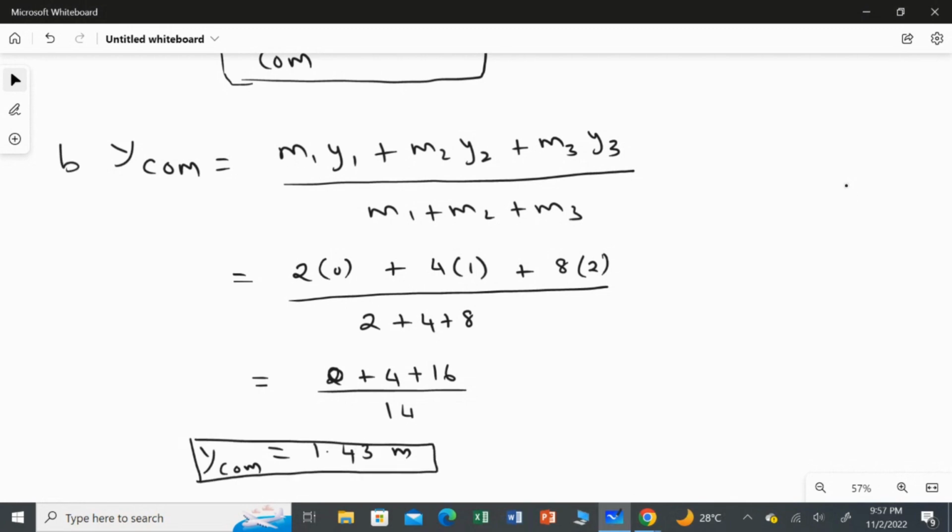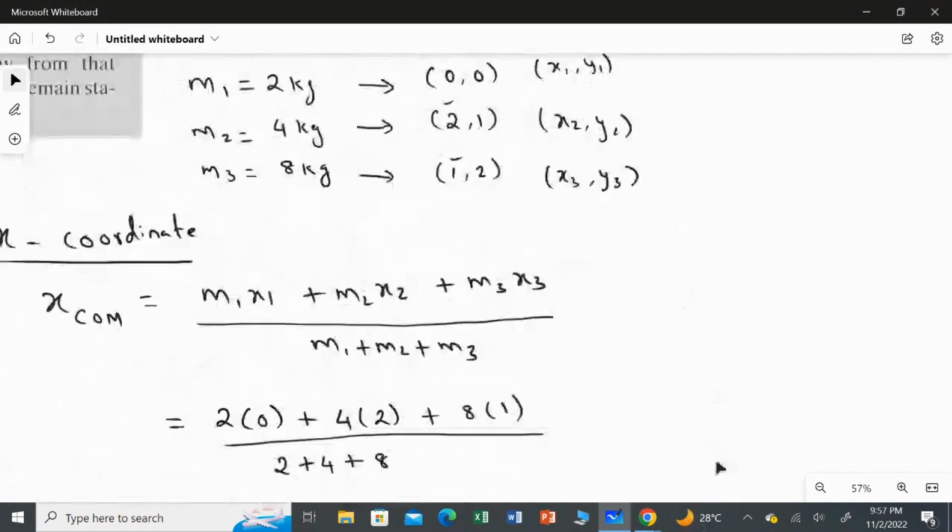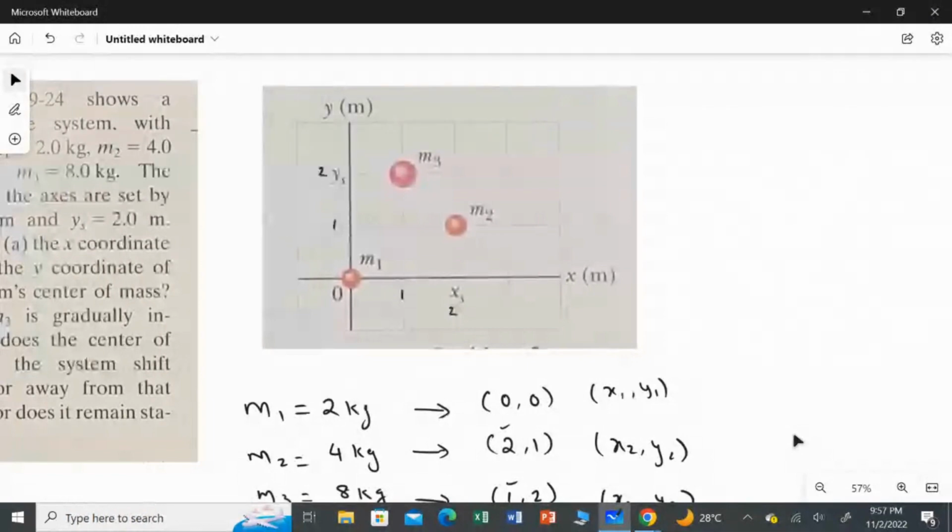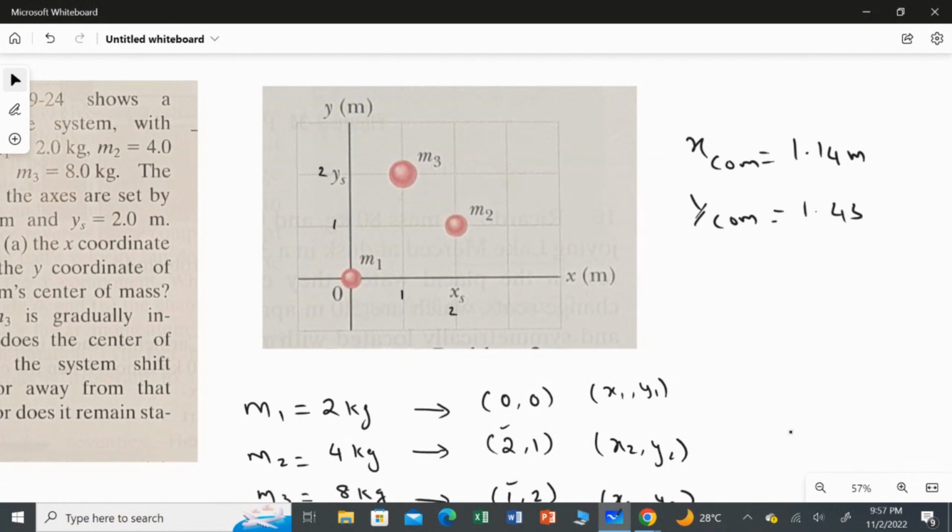So which is our B part. Clear? Now you can easily identify it. You have to see the diagram here. Our x center of mass we got as 1.14 meter, and y center of mass we got just before as 1.43. That means you have to see the x value, which is 1.14, and the y value 1.43, and locate the intersecting point.